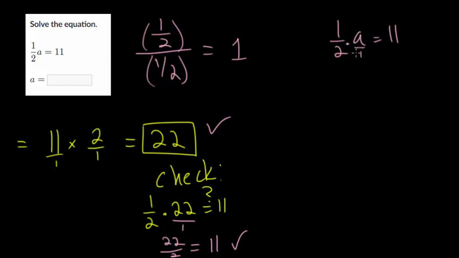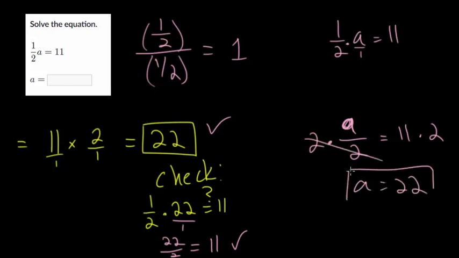Since these are now two fractions, you get 1 times a, which is a, 2 times 1, which is 2, equals 11. And now you don't really have to deal with dividing by a fraction. Now you're just dividing by 2, and you can use multiplication by 2 to cancel that out, and you get that a is 22. So that is another way to think about it, but it's effectively the same thing. You still get the same answer.